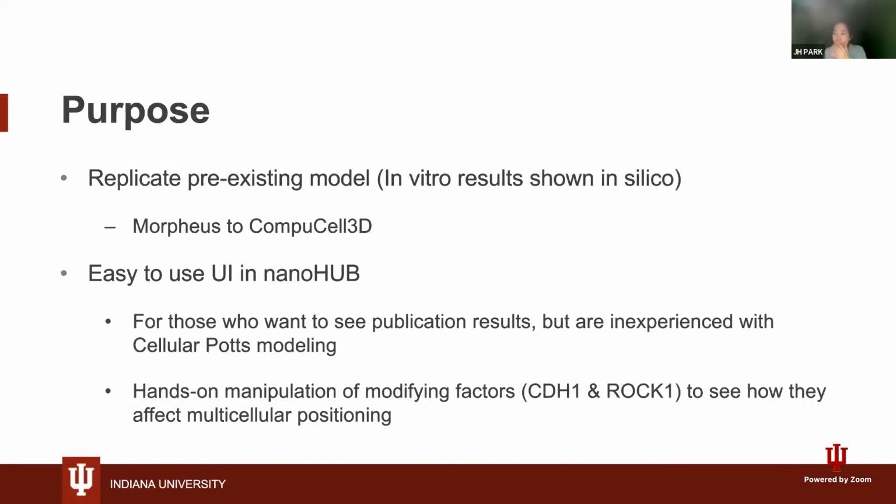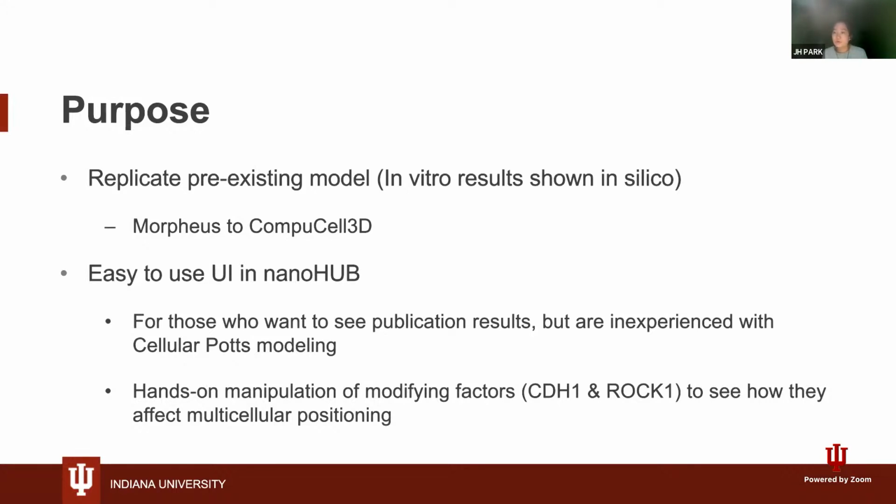So the purpose of our project is, one, to replicate the Libby 2019 model and translate it from the Morpheus environment to the CC3D modeling environment, to test not only the model's replicability but also the compatibility between two different environments.